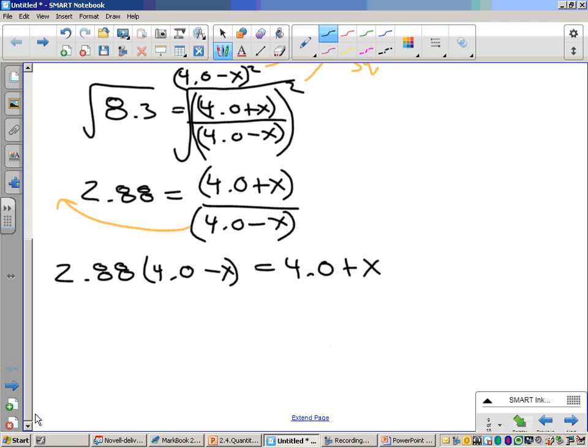Those of us who don't like mixing numbers and letters are feeling some stress right now. Bringing that through, I need 2.88 times 4. Somebody have that? Yep, 11.52 minus, and then 2.88 times the negative x, 2.88x, equals 4.0 plus x.